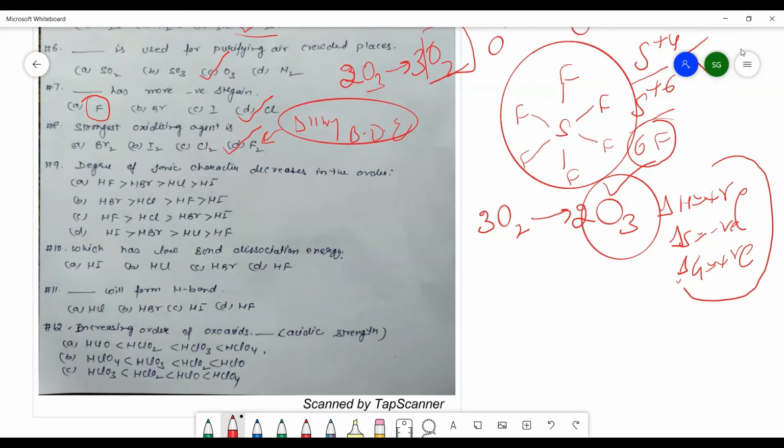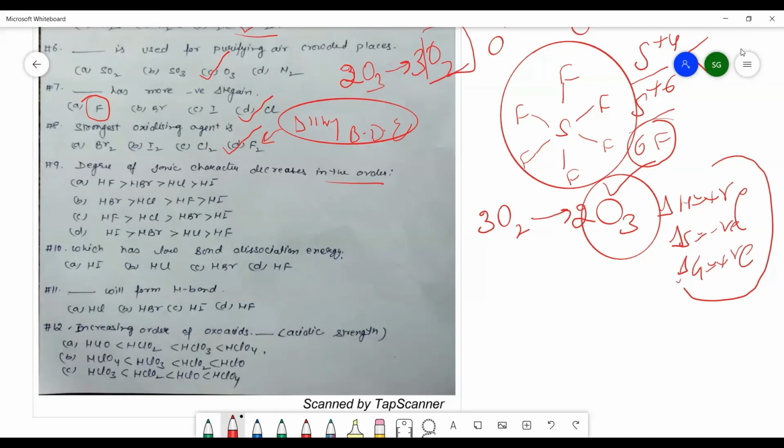Now in question number 9, degree of ionic character decreases in the order. For degree of ionic character, you have to think about Fajan's rule. In Fajan's rule, you will see that the smaller the size of the cation, the more will be the covalent character. And the reverse is true for the anion, meaning the smaller the size of the anion, the more it leads to ionic character.